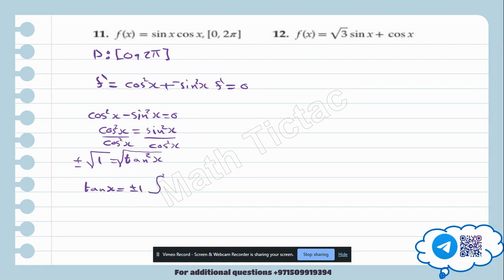So in here I have, from tan x equal to positive 1, I can find tan inverse of positive 1, and from the second one I can find tan inverse of negative 1. So what is the answer in this case, and what is the answer in this case?